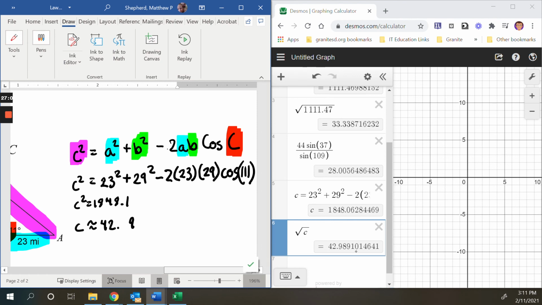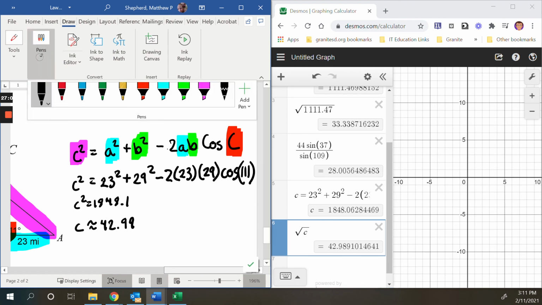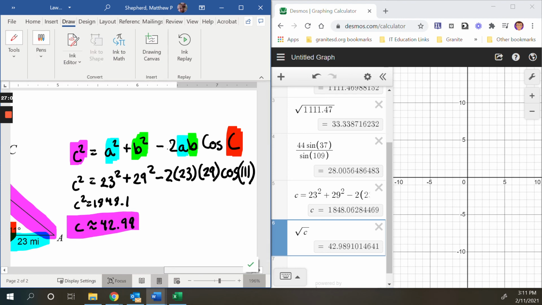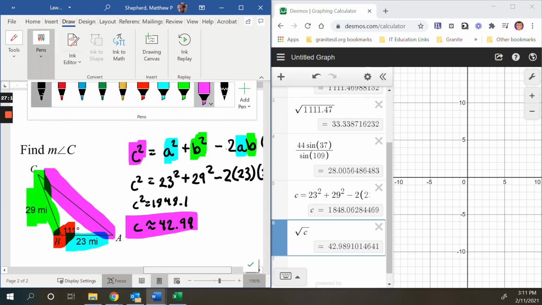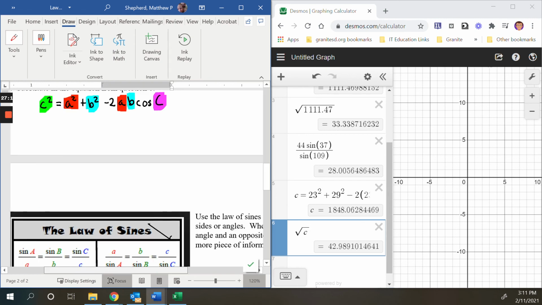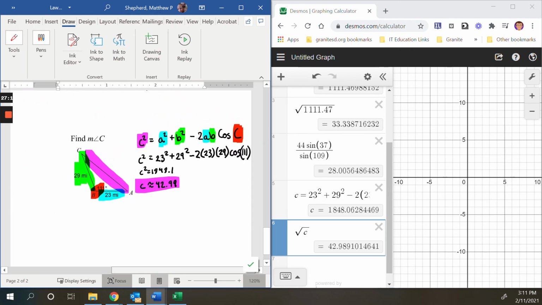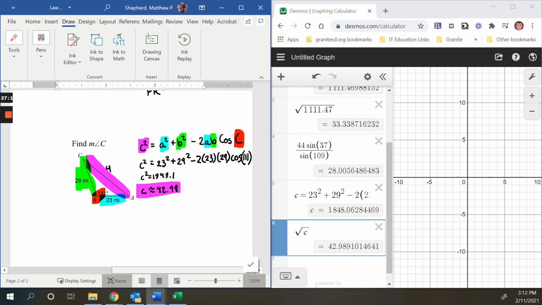Now that number right there is that one missing side. But that is very important to us. 42.99. So now that I know the length of this side, I now have an opposite that I can use to be able to use law of sines to find our missing angle.